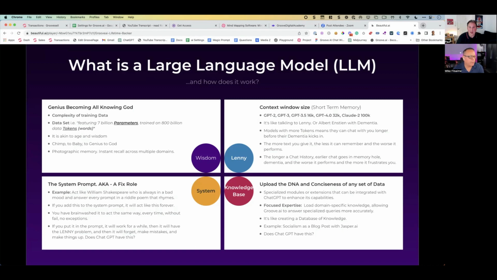So Groove.ai will understand what it is that you've done, and you can build your own knowledge base, right? Didn't you say it was sort of like building an avatar? You can build somebody who you want to talk to, and it will write your marketing letters, it will write your emails, it will create you a webinar, it will do whatever you want to do.